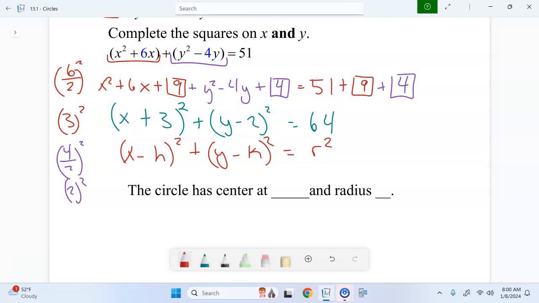So my center is h and k. What does h equal? Negative 3. What does k equal? 2. We have negative 3, 2 for our center. And then what's our radius going to be? 8. 64 is the square of our radius, so we square root that to get 8.